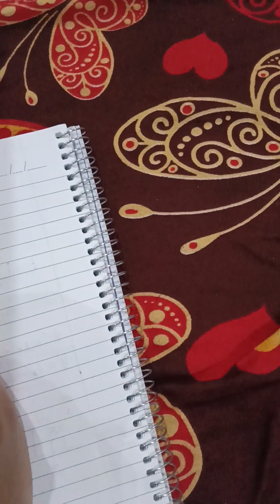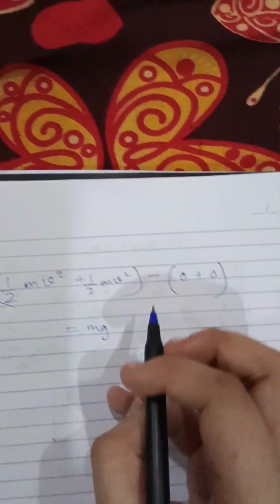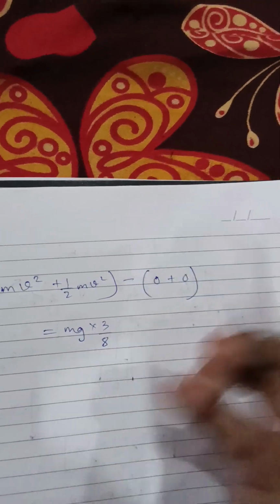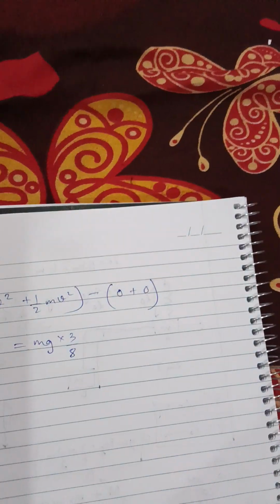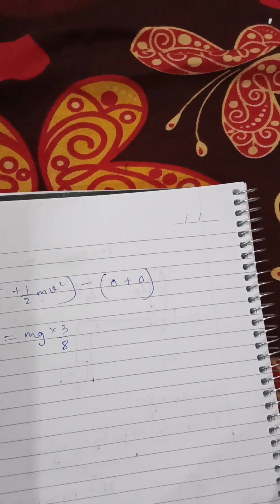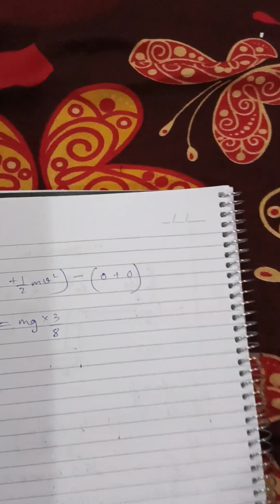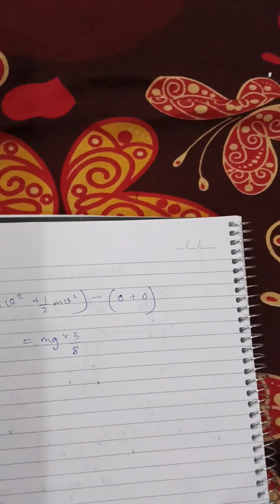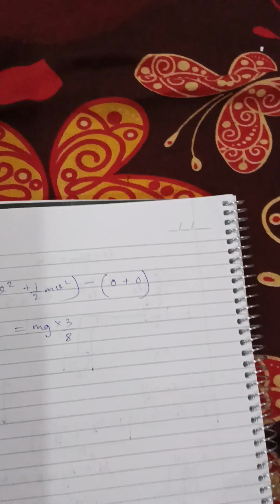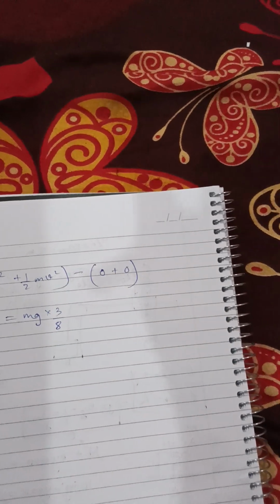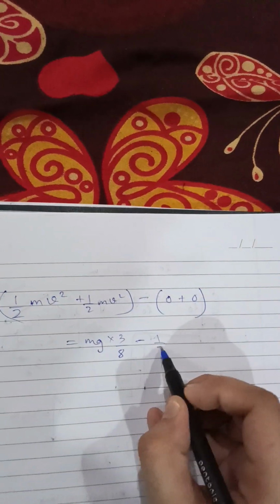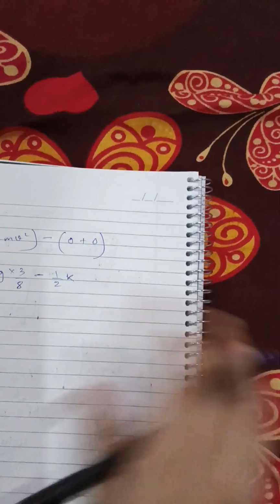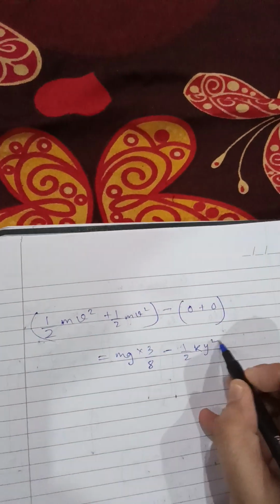So mg is the force multiplied by 3 by 8, the amount of distance it has gone down. And now spring work done will obviously be negative because if you do the cos theta, it becomes negative, as work done is F dot S, meaning the dot product of force vector and displacement vector. So I will directly put the negative sign here, half K, and it is extended by y, so y square.